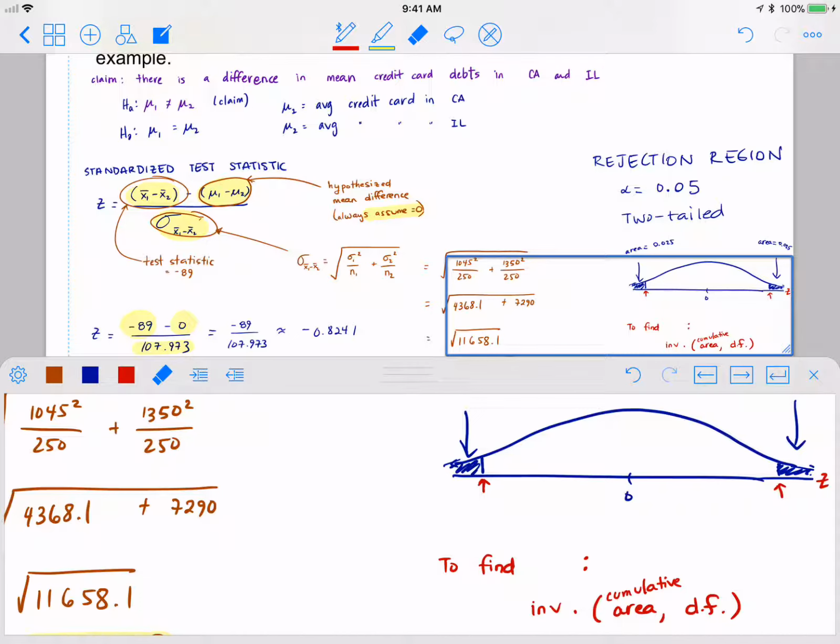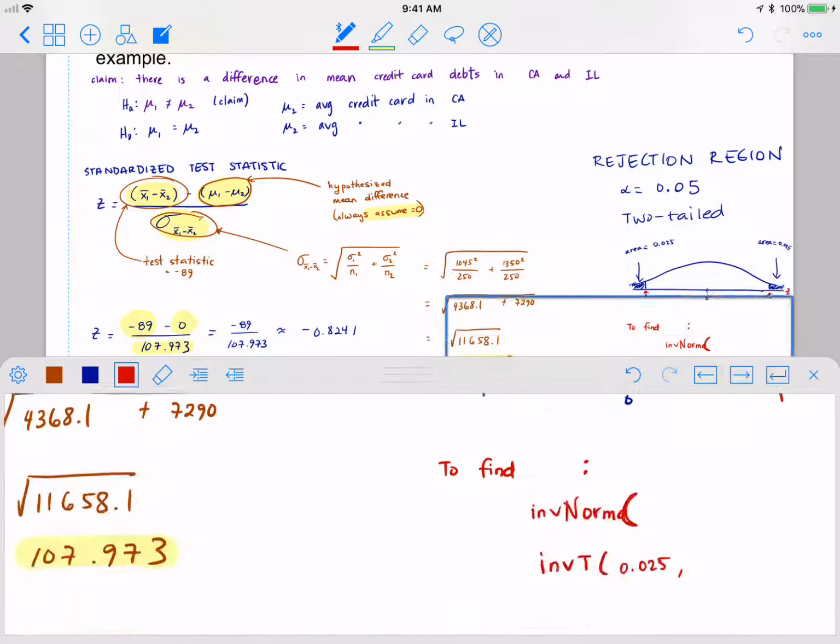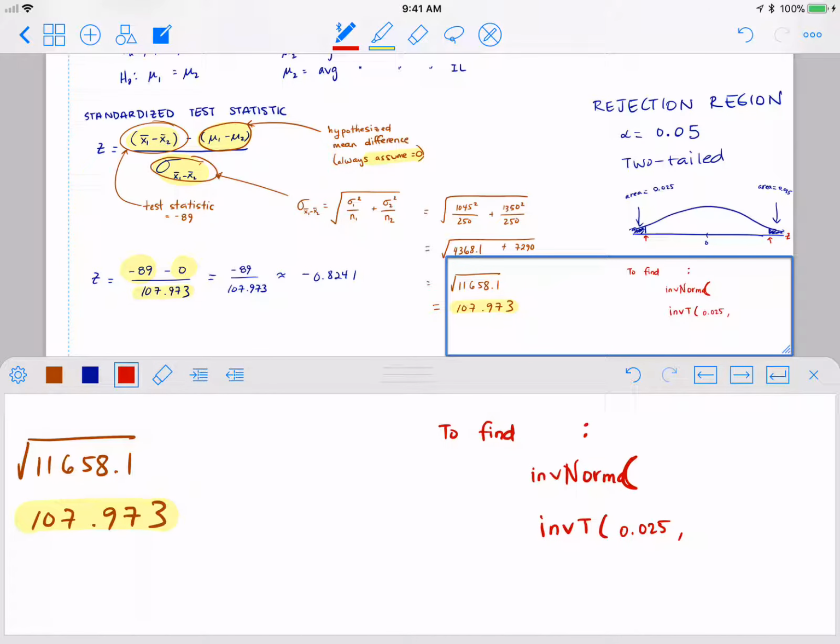So instead of finding inverse t, you find inverse norm, right? Because we have a normal distribution. And for normal distribution, there's only one, the standard normal distribution. So inverse norm, our cumulative area is still 0.025.